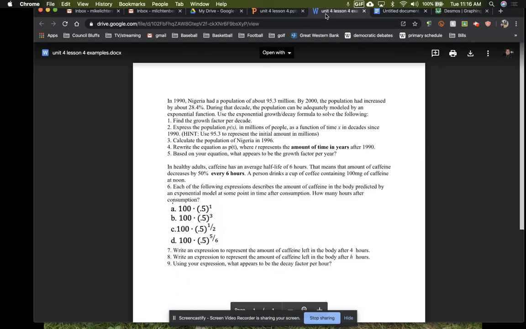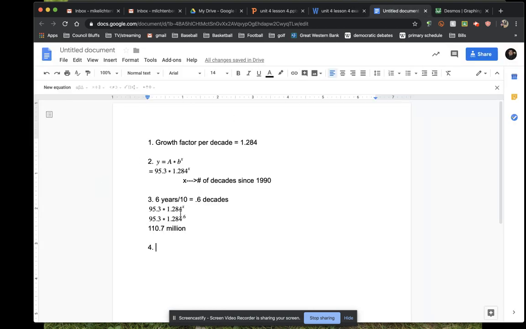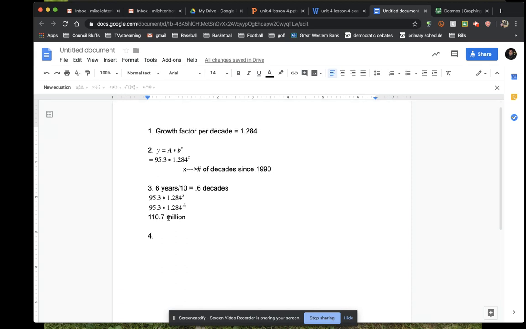Number 4, rewrite the equation as P of t, where t represents the amount of time in years after 1990. So we figured out in number 3 that to convert from years to decades, I have to take the number of years and divide it by 10.